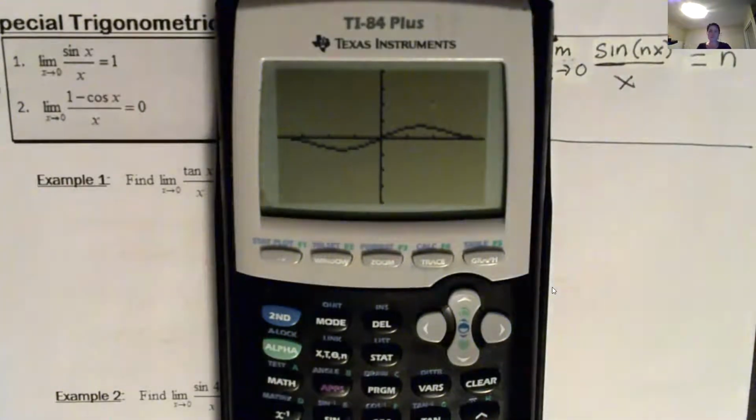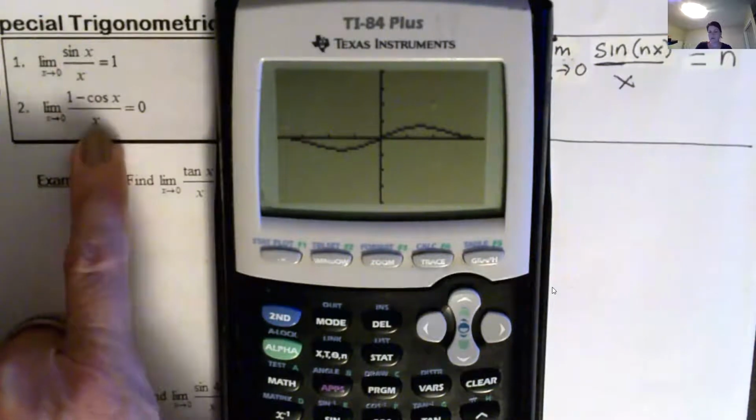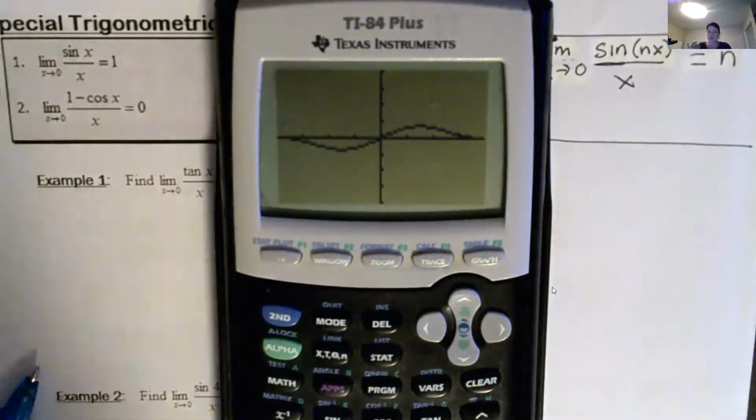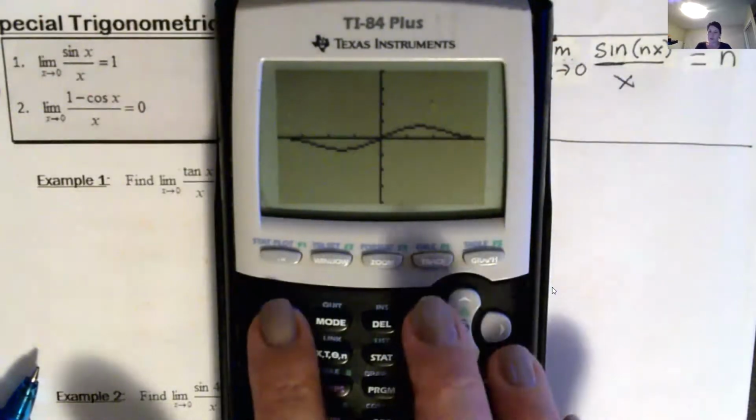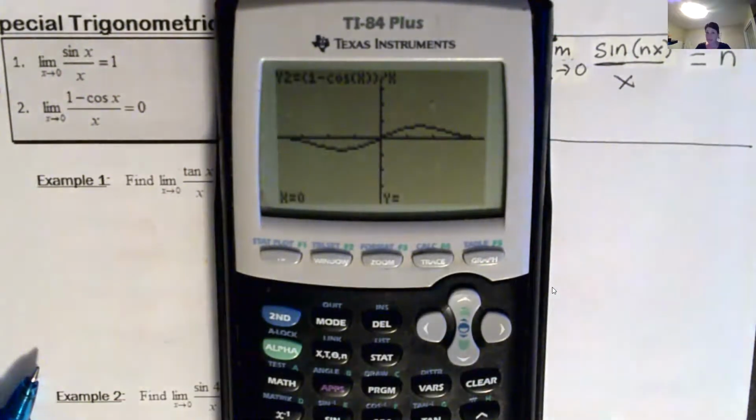So again, if you were to plug 0 in directly, you end up with 0 divided by 0, because cosine of 0 is 1. 1 minus 1 is 0, and then obviously 0 here. So indeterminate form, if I tried to plug in 0, we're not going to get a y. It looks pretty clear by the graph that we're approaching 0. Let's just verify 0.0001.